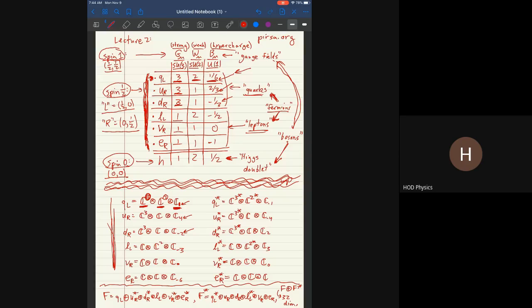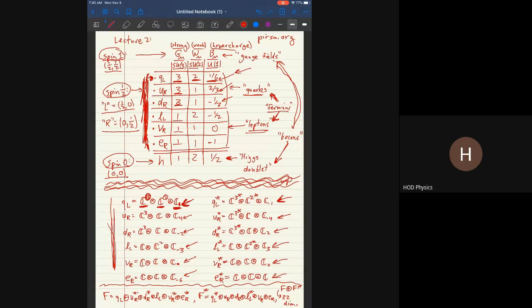Okay, so I hope it's clear that these six rows on the lower left-hand side of the page are just a translation of these 6 rows in the table. Meanwhile, over here, I've also included the fact that every time we have a particle in the standard model, like the left-handed quark particle here, in quantum field theory we always also have its corresponding antiparticle, and that's described by the complex conjugate.